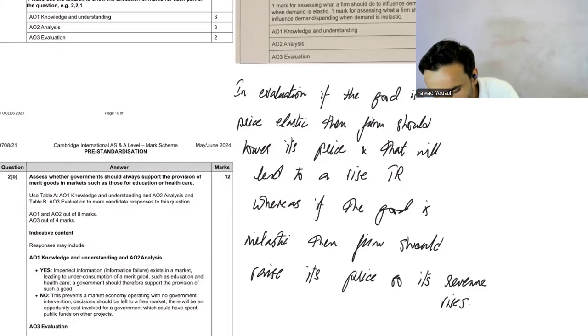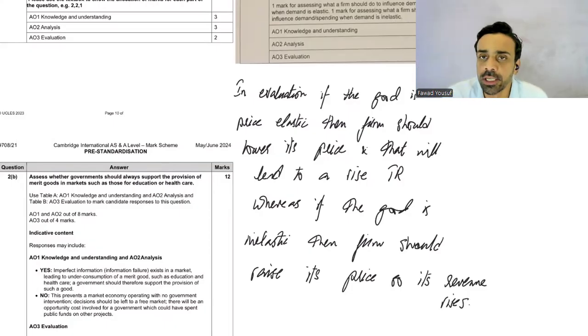तो ये आपकी evaluation है इसकी basically, कि once you've made the discussion, once you've made the analysis, because remember the question is significance to a firm of having price elastic or price inelastic demand. So obviously क्योंकि हम revenue से connection बना रहे हैं पूरे केस के अंदर, तो this is one easy way.